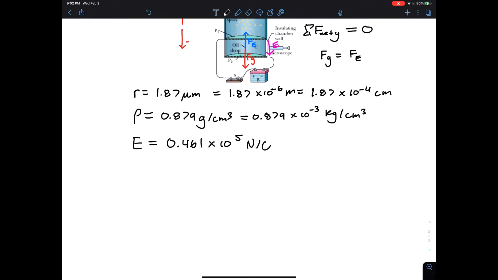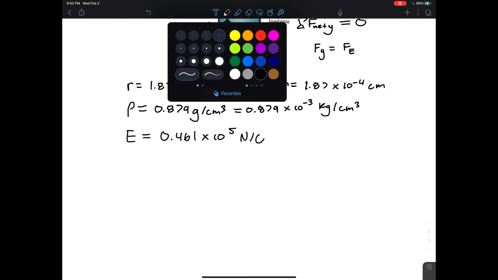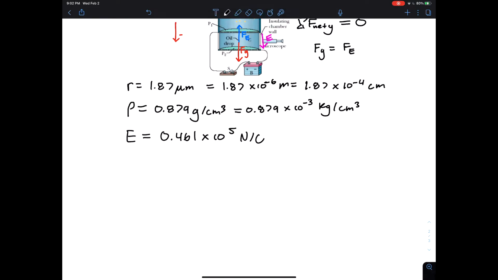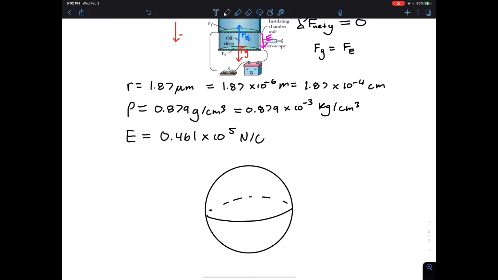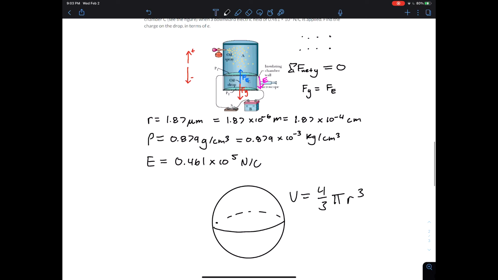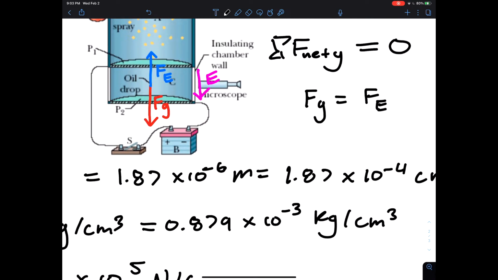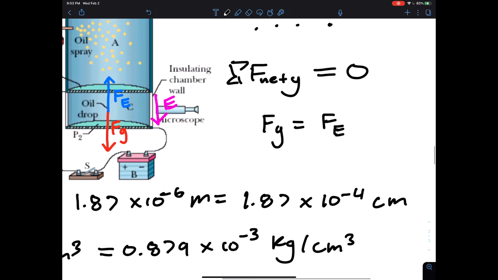So our oil drop, if we were to zoom in really close on it, would look like a sphere with volume equal to 4/3 pi r cubed. Our force of gravity is down, our electrostatic force is up, and our electric field is downwards.